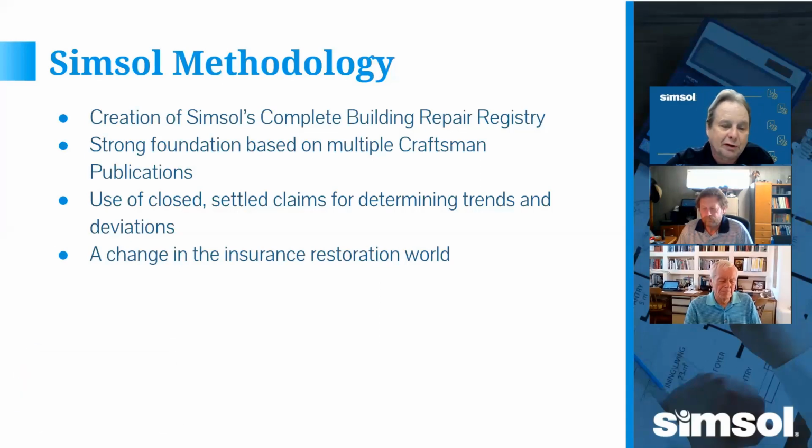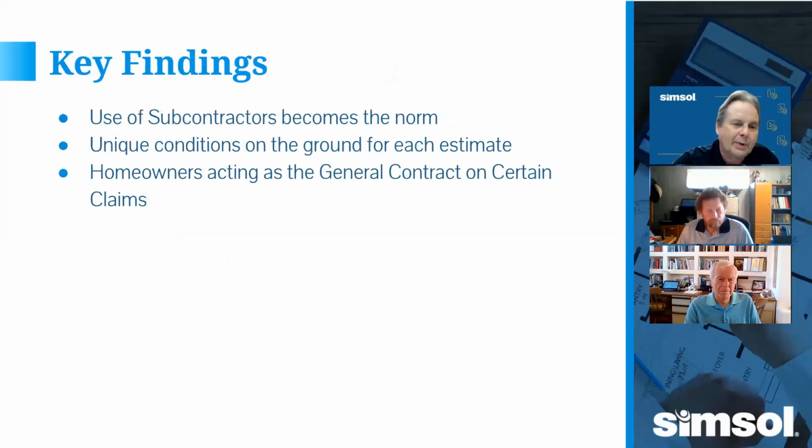There are certain trades that will always use a subcontractor, like elevators, etc. Those don't change, but standard repairs, which is about 60–70% of them, will change, and that's what we're talking about today.